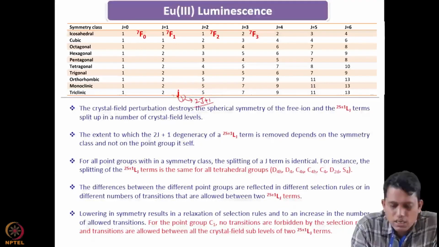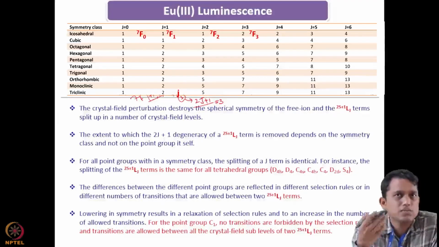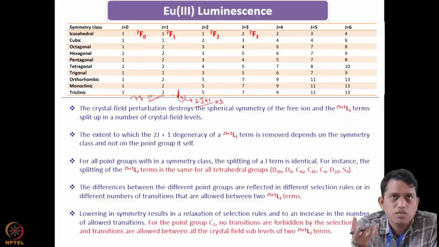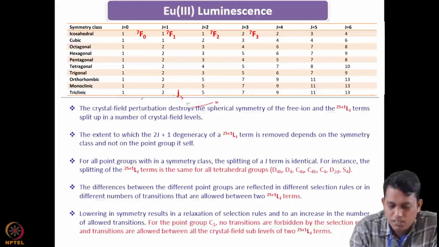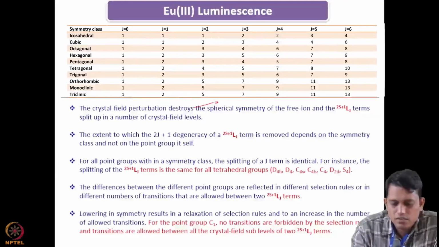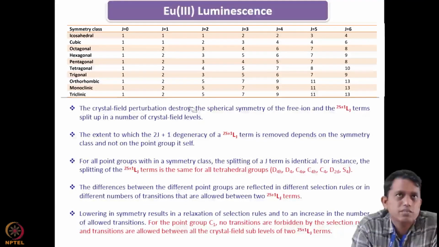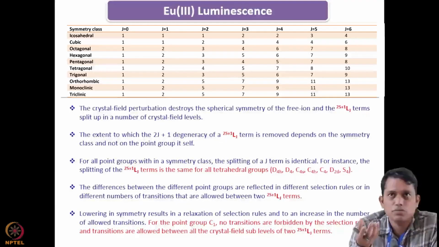So you can say 7F1 can split into 2J plus 1, meaning 3 other states, that is plus 1, 0 and minus 1. So all the J states can further split depending on the field around them, depending on the electric field around them. So from this splitting pattern that we get in the J, we can understand the exact symmetry class of that particular metal ion, or what is the symmetry around that particular metal ion.